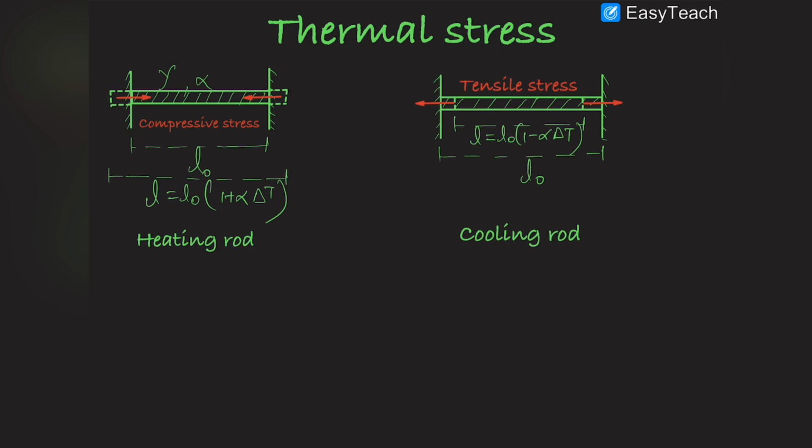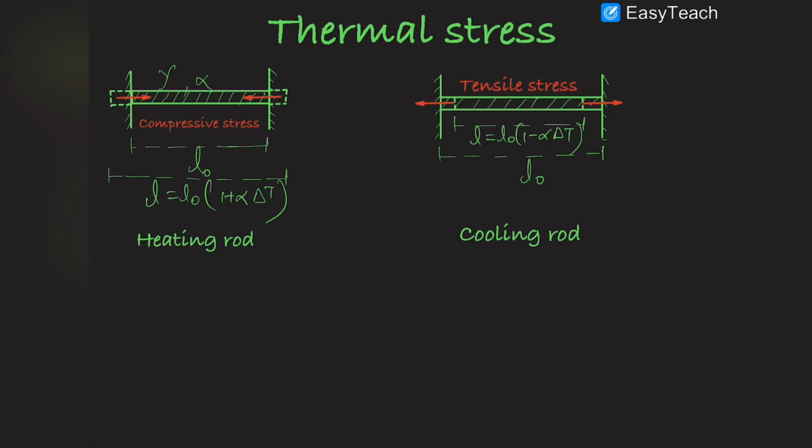Now let's suppose that we heat this rod further, then its length will increase according to the relation L = L0(1 + alpha delta T), and therefore a compressive stress would be developed in the rod due to the pushing force of the wall.